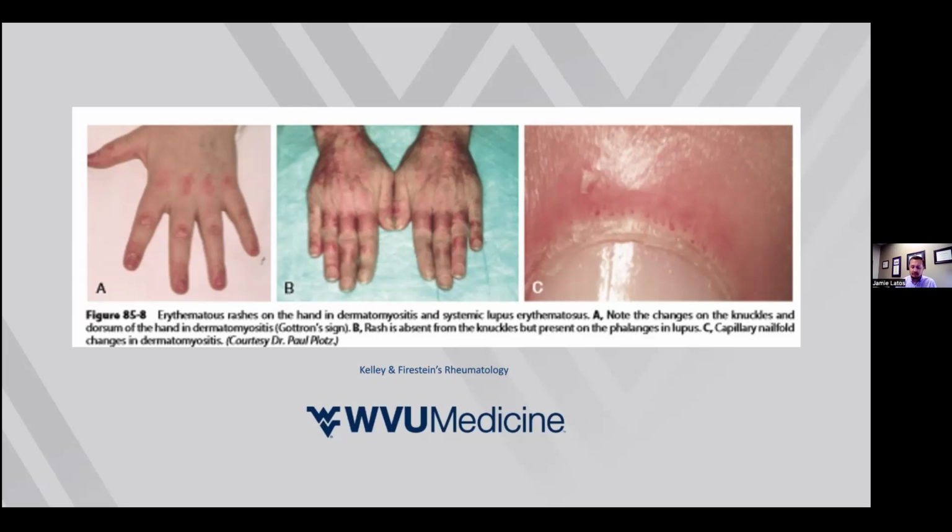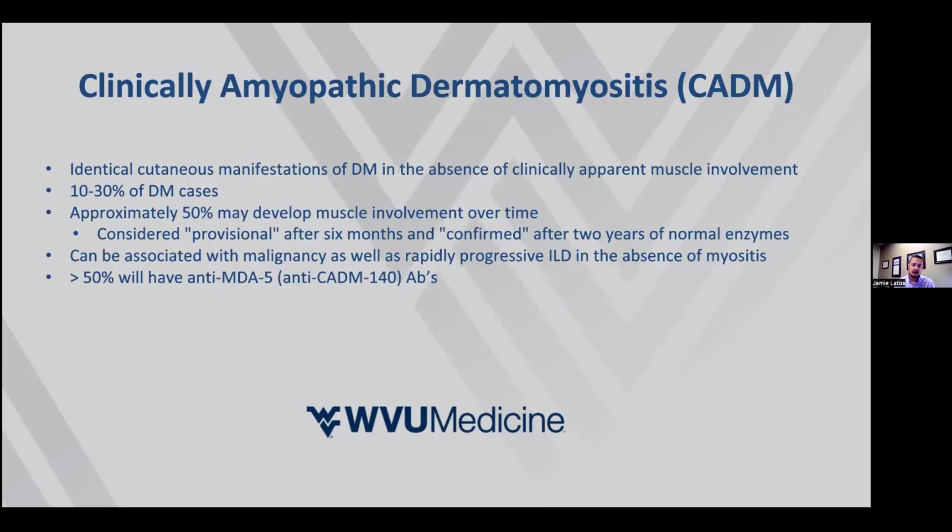So checking nail fold exams can be one feature of these connective tissue diseases that is a clue that helps us lean towards secondary Raynaud's of an associated autoimmune condition, or potentially primary Raynaud's, just of the general population. And we talk a lot about muscles and rashes, but I should note there is one subset of dermatomyositis that presents with rashes without muscle involvement.